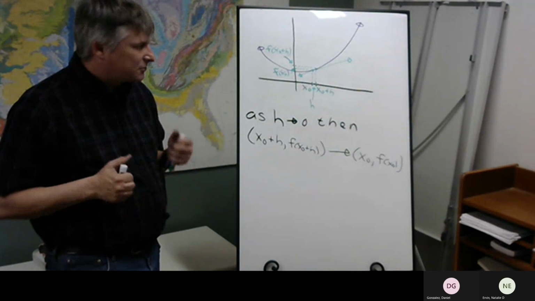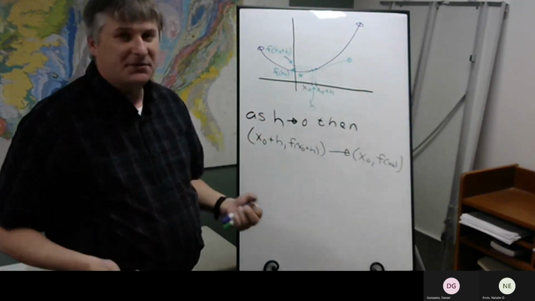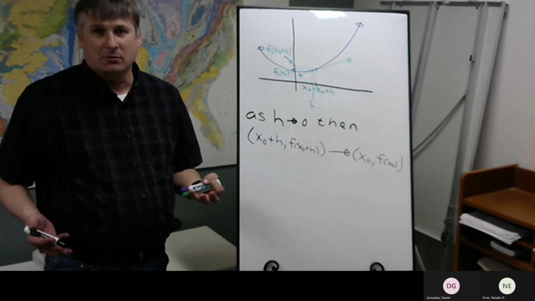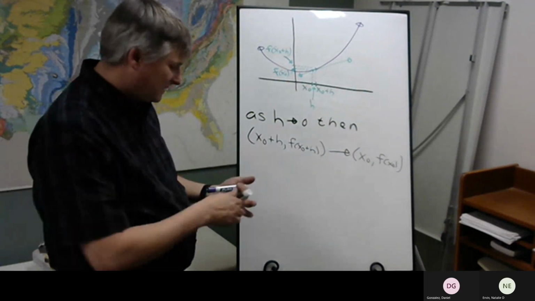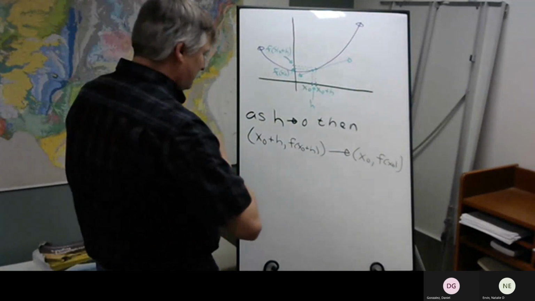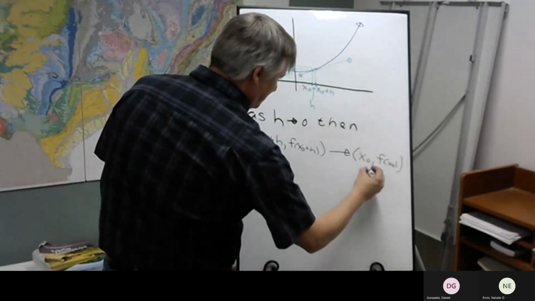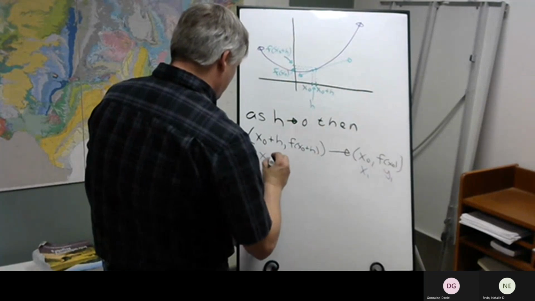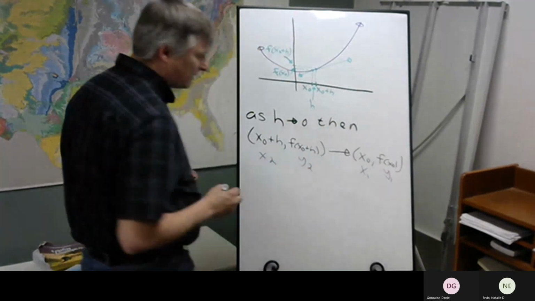Now, to describe the slope of this secant line, we calculate the slope using the slope formula. So we could say something like, call this x1, y1, x2, y2.